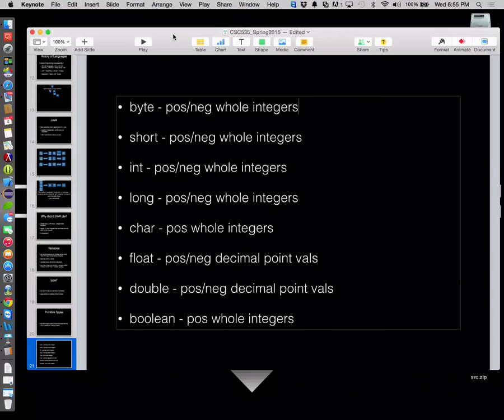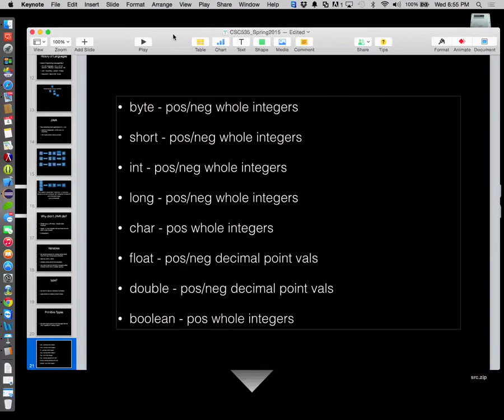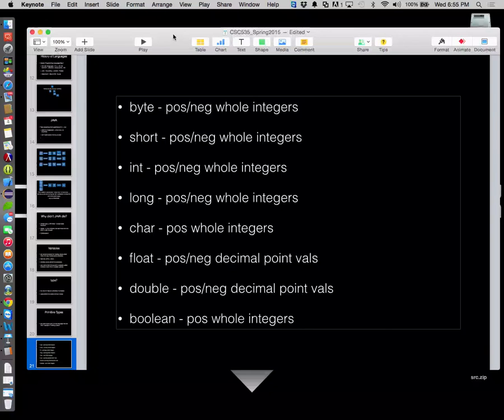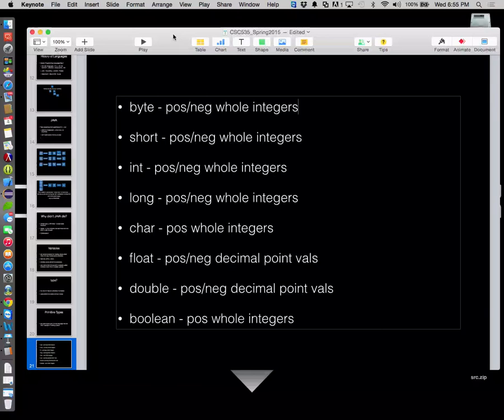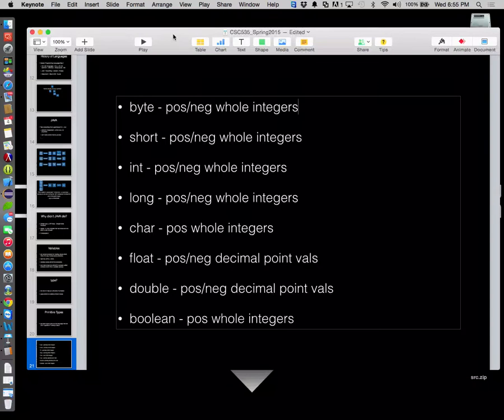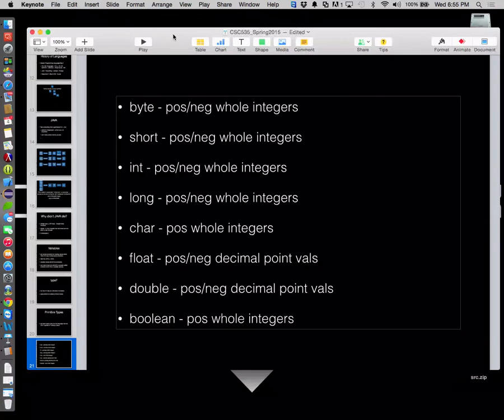How much do you think that 8 megabytes cost me? $1,000. $1,000 for 8 megabytes of memory in 1996. Memory was very expensive. Very expensive.